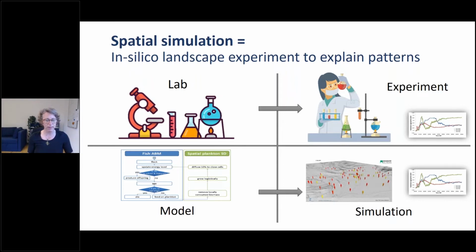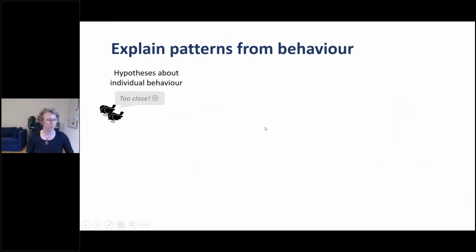And that little word landscape tells that this is not about chemicals and ingredients or rats and mice, but it's landscapes. So we want to learn about the patterns of landscapes. How did they come about? How did these patterns emerge? I want to give you a little example of what I mean with that.